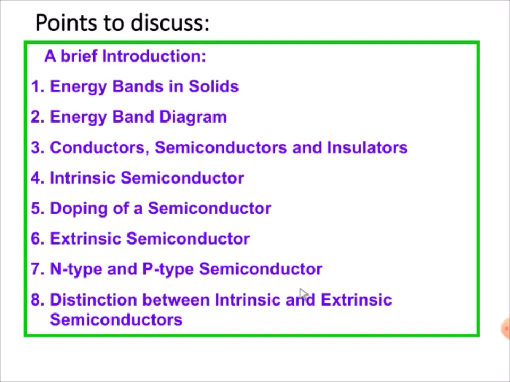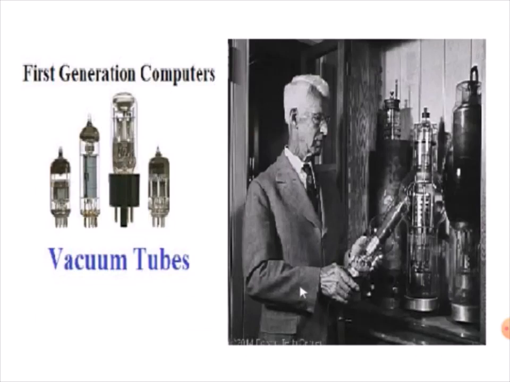So let's try to know the brief history of the semiconductor. First, let us try to know what are electronic devices or semiconductor devices. Semiconductor devices are electronic devices which are used to control the flow of electrons when current passes through them.